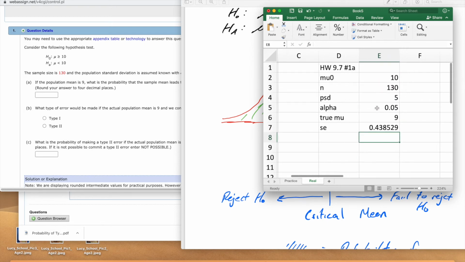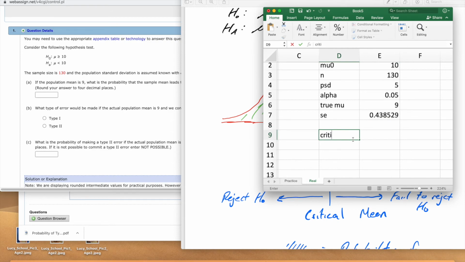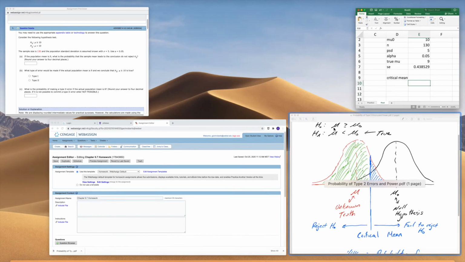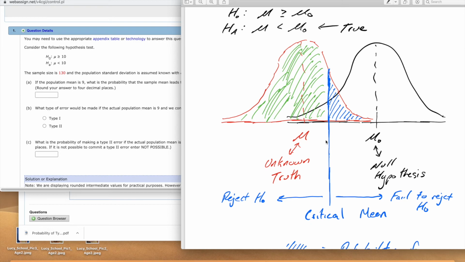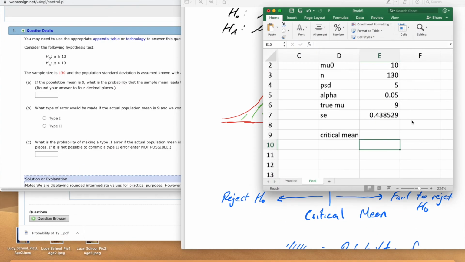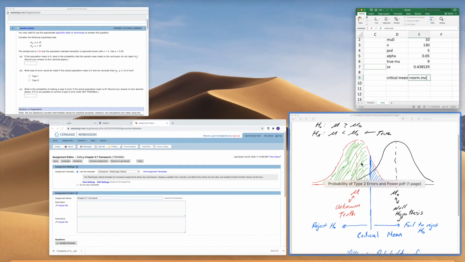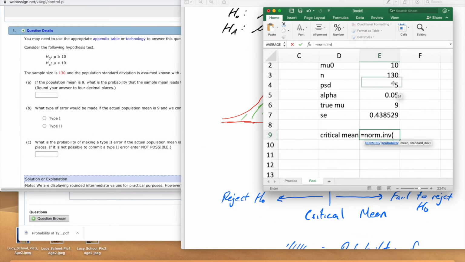Now my critical mean is going to be the number, the x bar, such that I have 5% to the left from a distribution centered at 10, the null, with this standard error. So it equals norm.dist, or actually norm.inverse, because I know the probability to the left. The probability to the left that I need to find is that alpha, 5%.